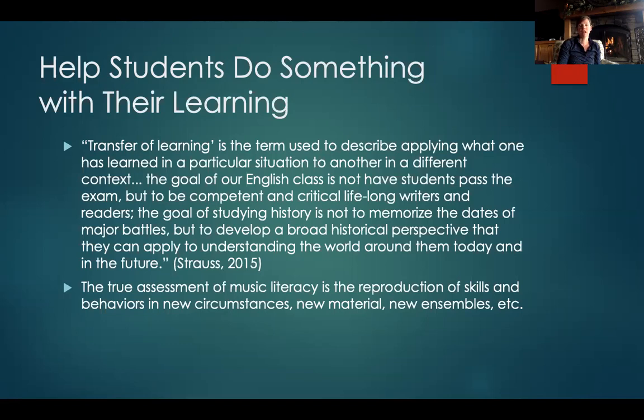The true assessment of musical literacy is the reproduction of skills and behaviors in new circumstances, new material, new ensembles, etc. So it does you no good as a musician to learn in your method book what this dot means, if you can't take that information and transfer it to other music.